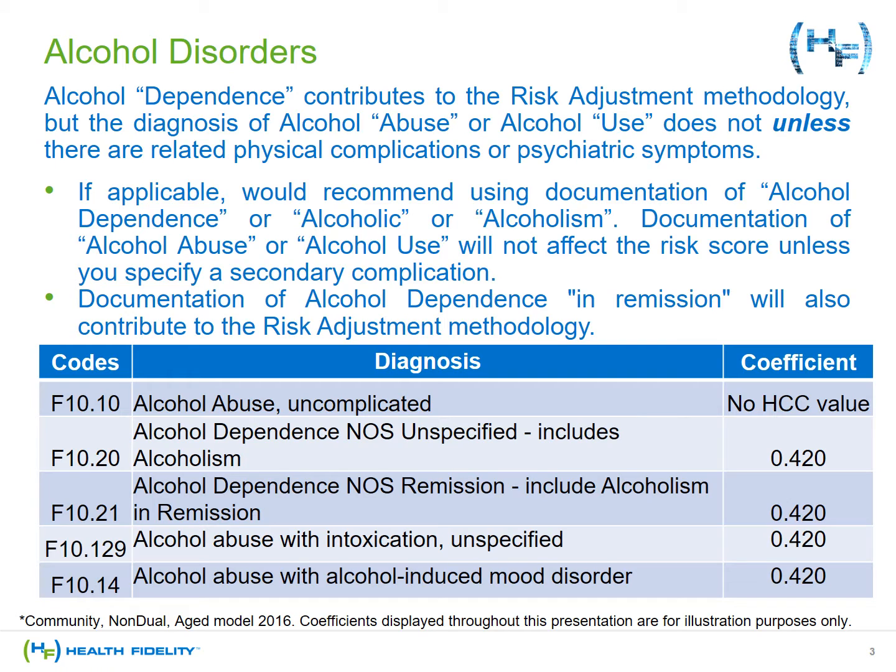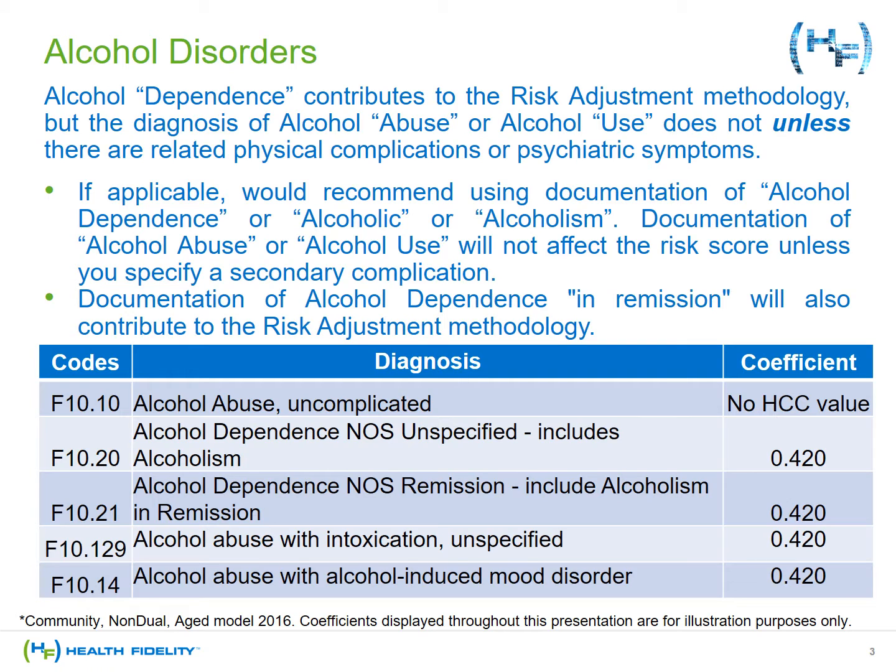So looking at the table below, the first diagnosis, alcohol abuse uncomplicated, has no HCC value. But if you said alcohol dependence unspecified, or that the patient was an alcoholic or had alcoholism, that code is F10.20 and it has a coefficient of 0.420.